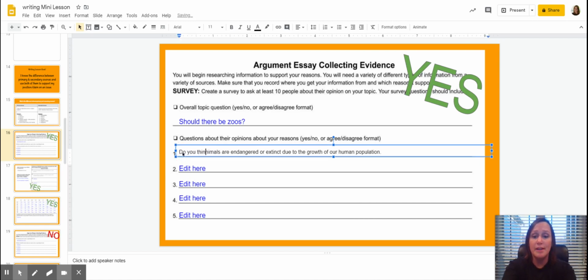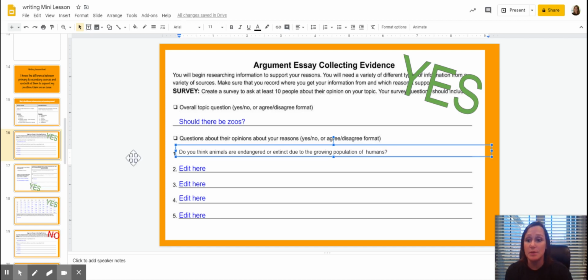Do you think animals are endangered or extinct due to the growing population of humans? So I took the same idea and just put it into a question.